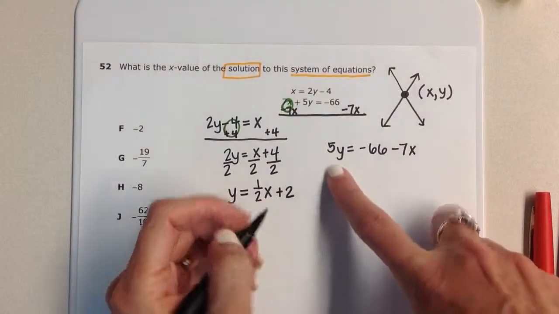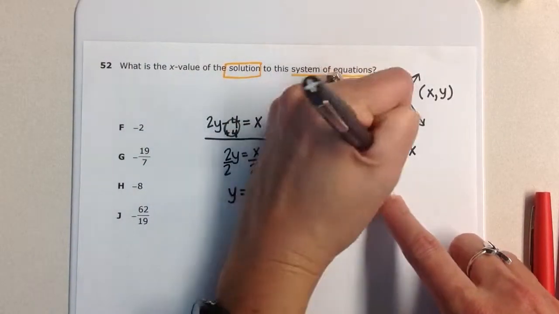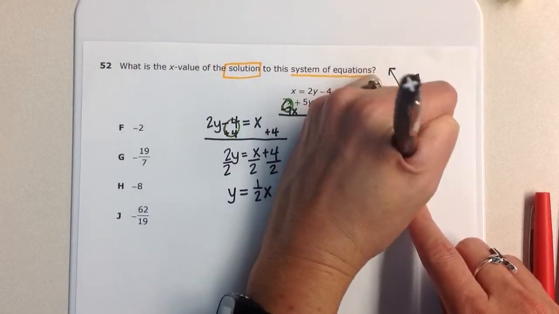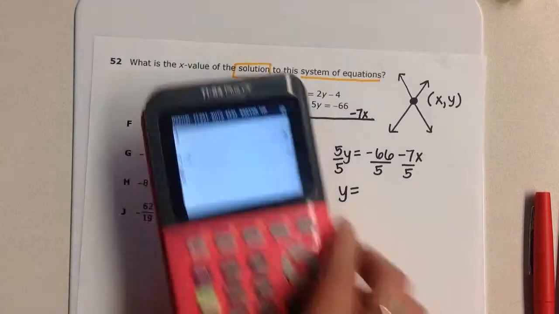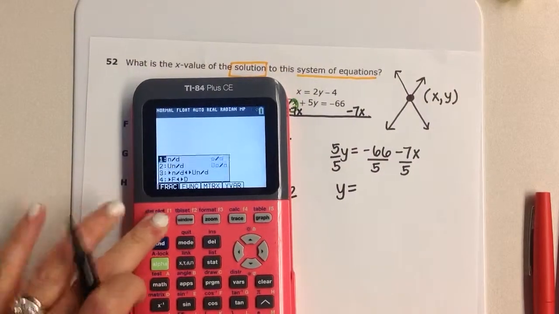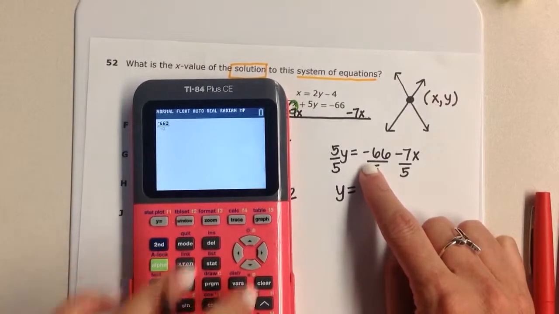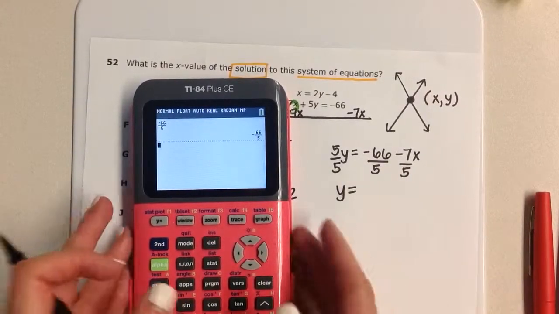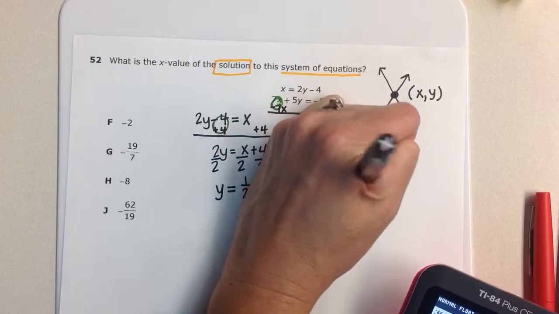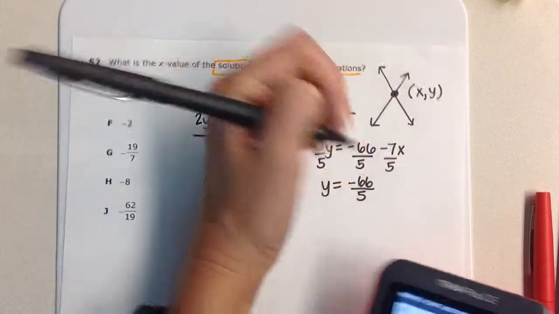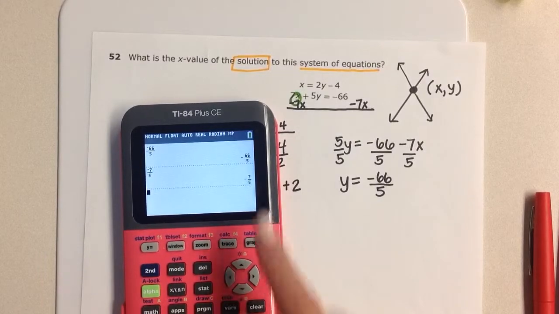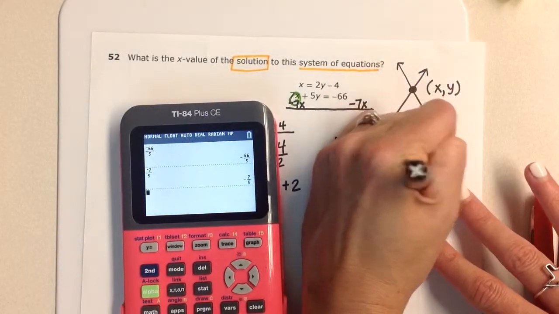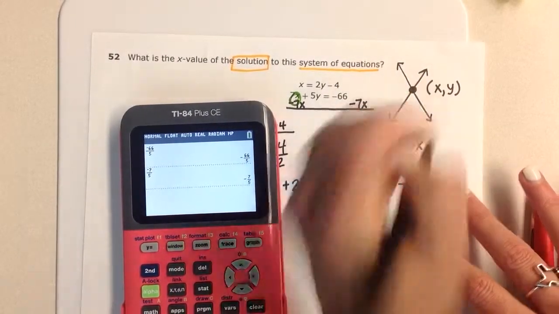And now again, I don't want 5y, I want 1y, so I'm going to divide everything by 5. And I'm going to get 1y equals, or just y. And so now I'm going to go to my calculator. I'm going to type in as a fraction negative 66 divided by 5, which does not change, which tells me that fraction was already simplified. And then I'm going to type in negative 7 divided by 5, minus 7/5 x.